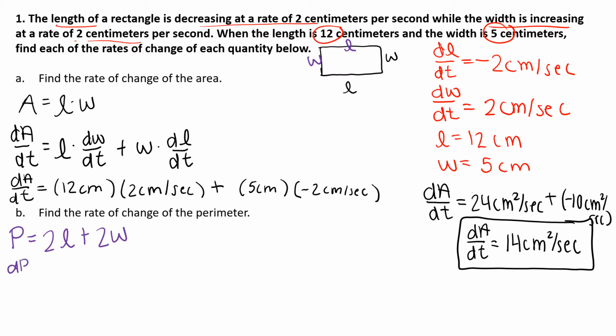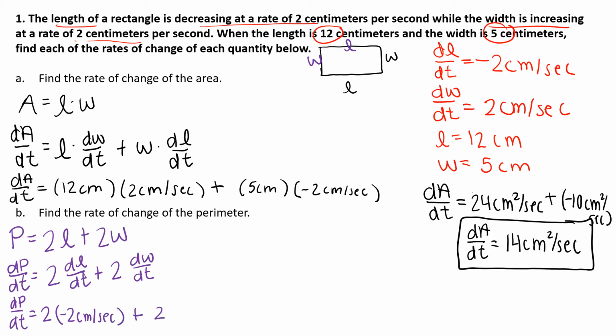Differentiating, we get dP/dt equals, the derivative of 2L is just 2 dL/dt, plus the derivative of 2W is just 2 dW/dt. Filling in what we know, dP/dt is equal to 2 times dL/dt, which is negative 2 centimeters per second, plus 2 times dW/dt, which is 2 centimeters per second.